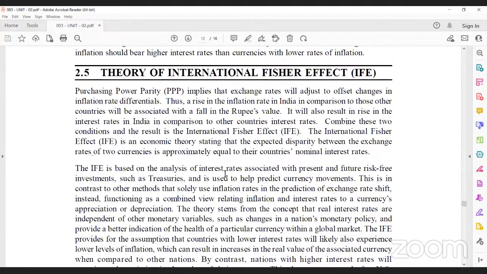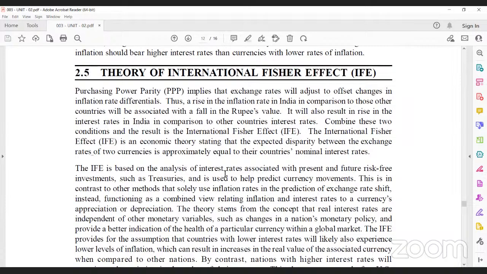Then we have the next theory, the theory of the International Fisher Effect, IFE. It combines two conditions. One is purchasing power parity, which is all about exchange rates: a rise in the inflation rate in India in comparison to other countries will be associated with a fall in the rupee value.